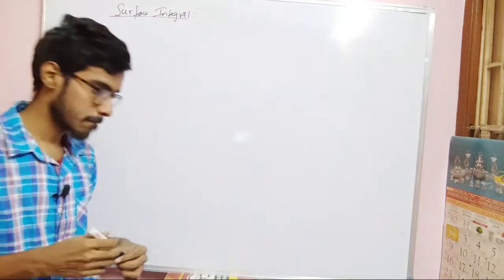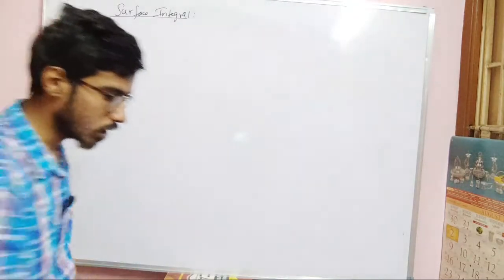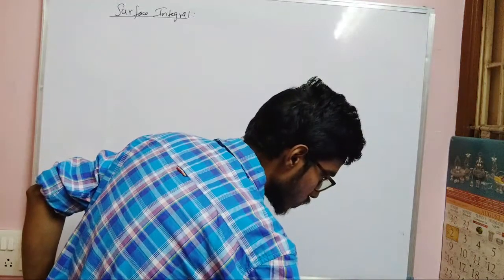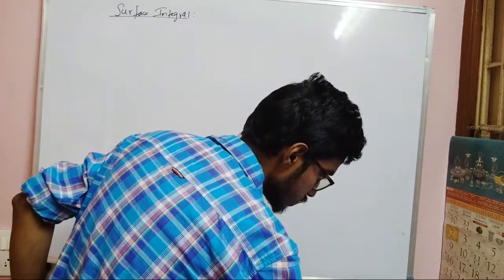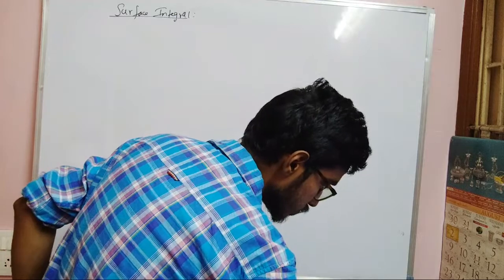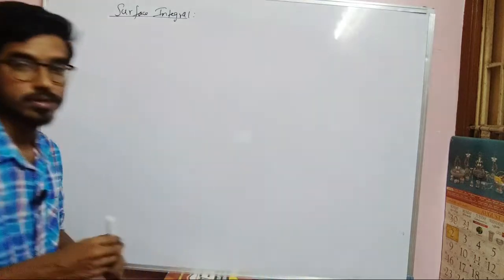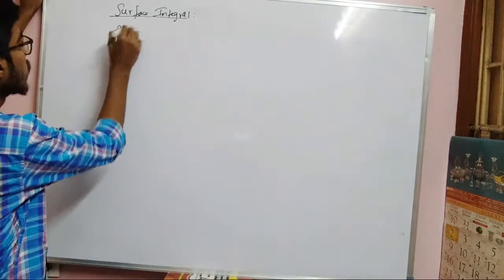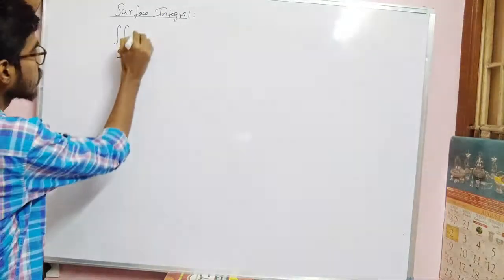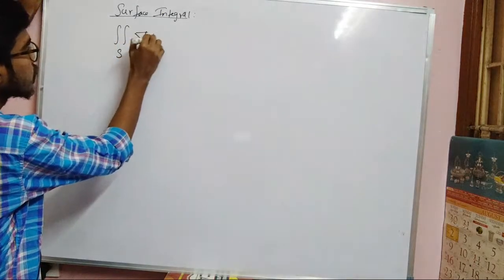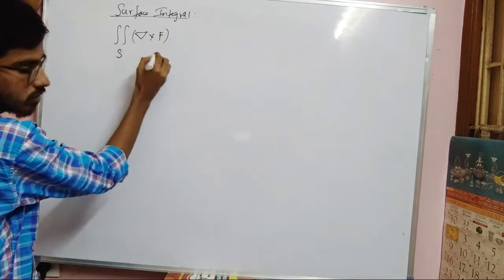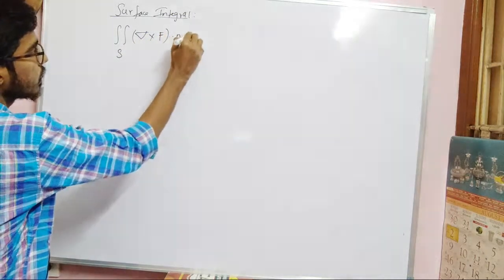First let me write out the formula for surface integral. The formula is the double integral over S of (del cross F) dot n dS.